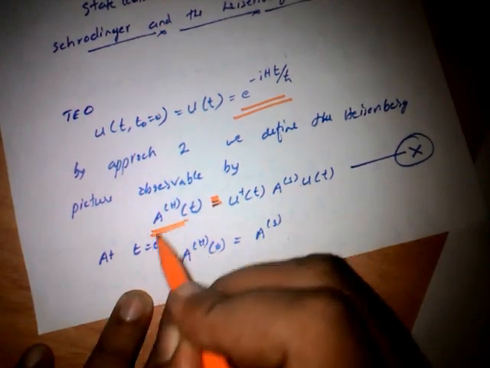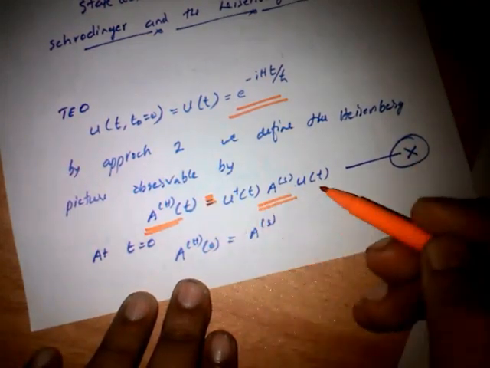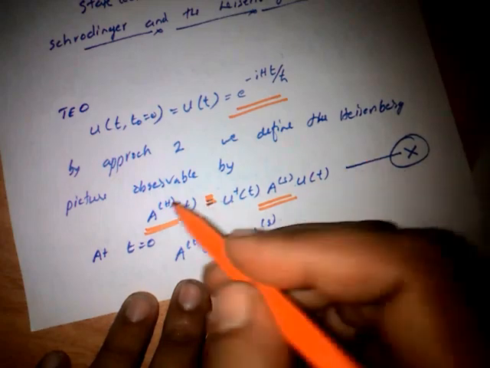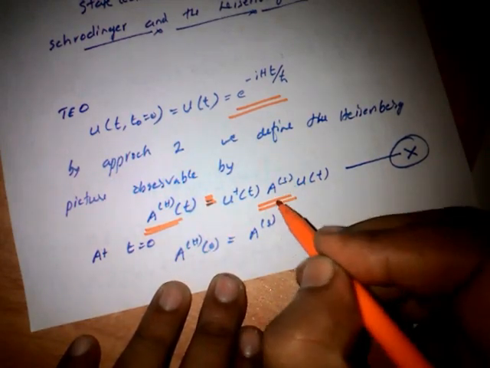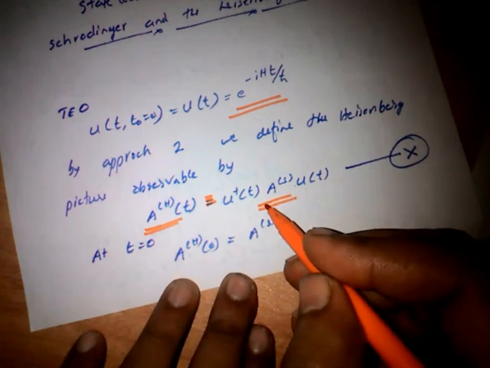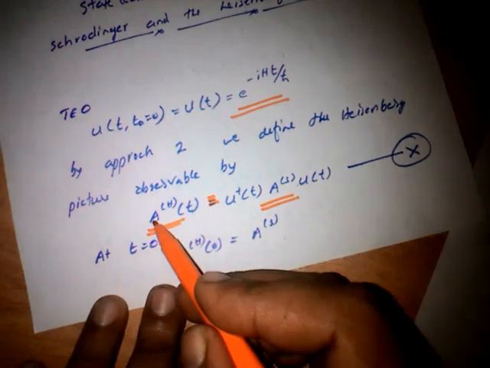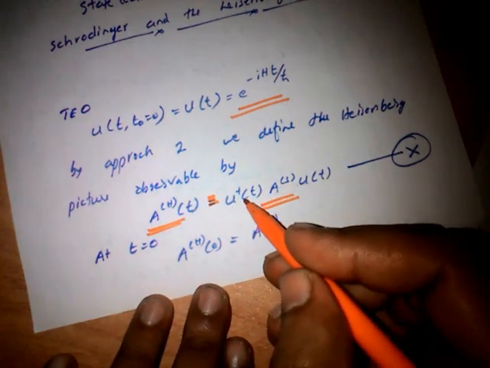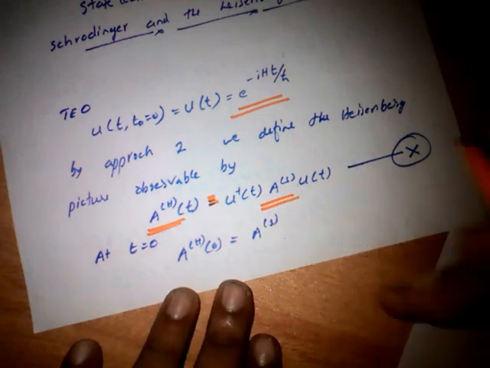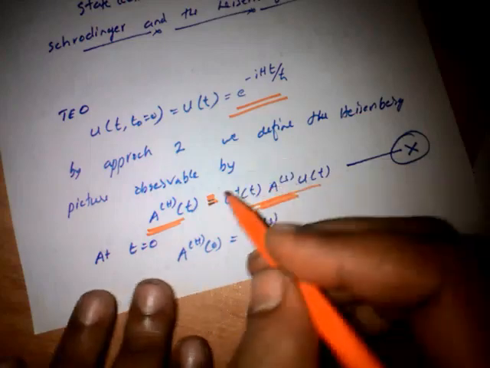Let me take an operator A, and consider that operator from two perspectives: one is Heisenberg's picture and another is Schrodinger's picture. In Schrodinger's perspective, the operator is not changing, but in Heisenberg's picture the operator is changing as U dagger of t A U of t.